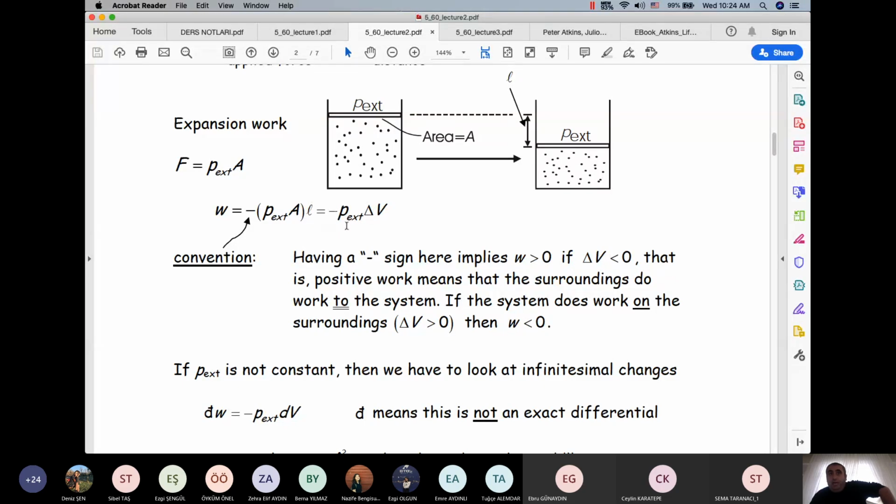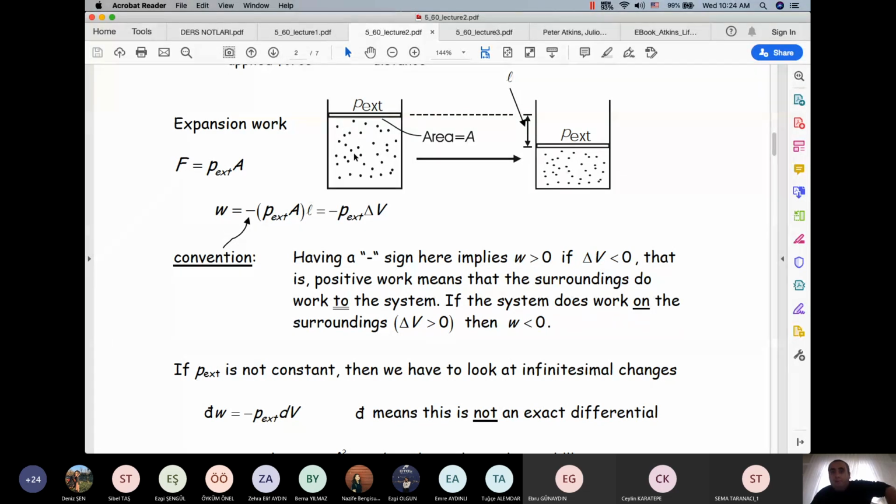So the pressure has to be the external pressure. I don't care about the pressure in the system.